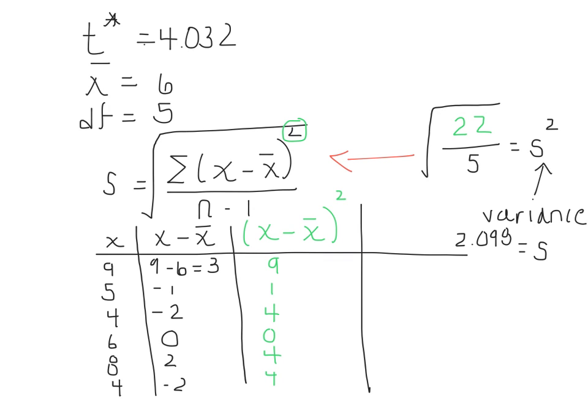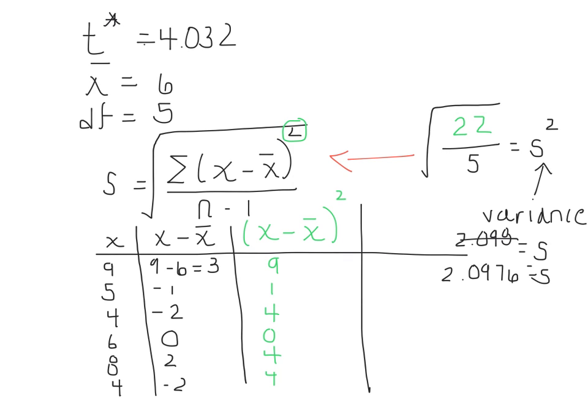So that would be 2.0976. Now what that basically means is in this set of 6 observations, this random sample, the average value is 6 plus or minus about 2.0976.